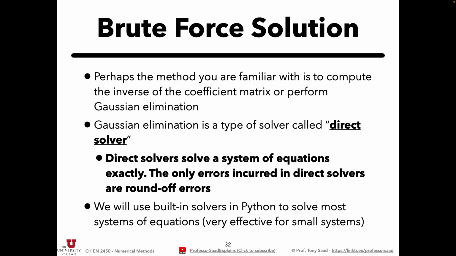Direct solvers, as I will show you later, are good for maybe 100 equations, or maybe 200, 500, 1,000. But in a process where you have to repeat the solution over and over again because the conditions change in the system, there's no way we could use direct solvers.